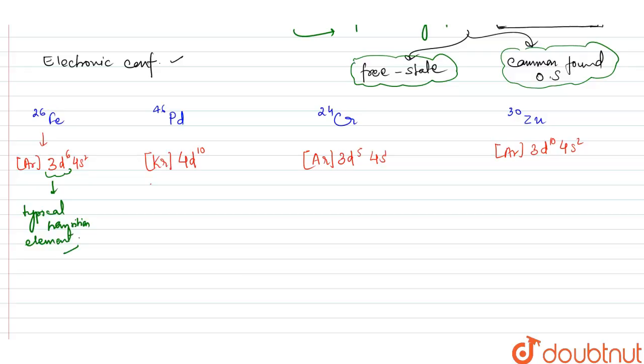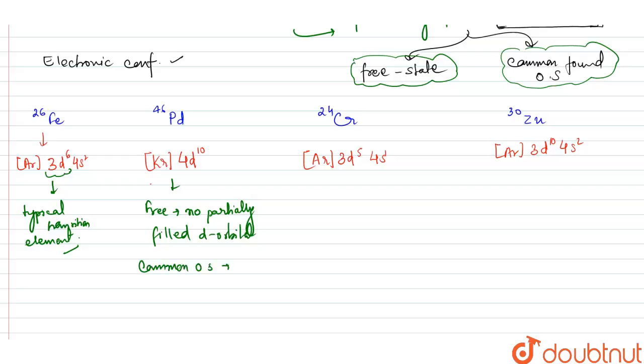Now if we talk about palladium here, palladium is having 4d10. So in the free state, there are no partially filled d orbitals. But if we talk about the second condition, that is the common oxidation state, +2 is a common oxidation state of palladium.